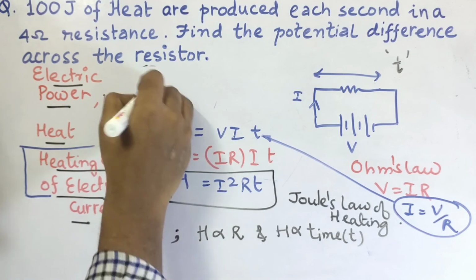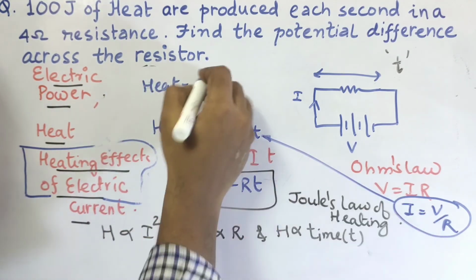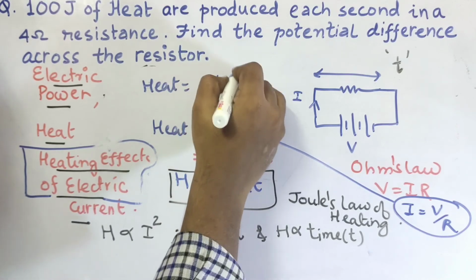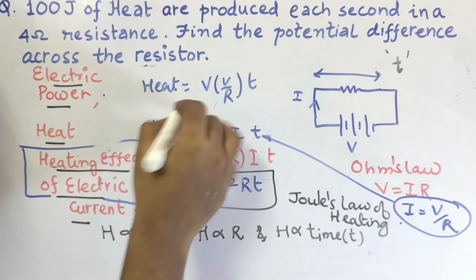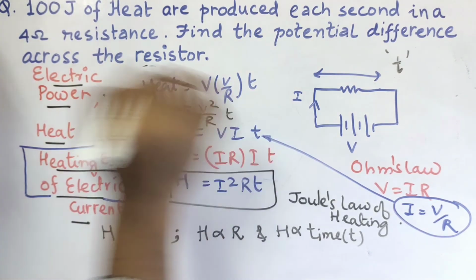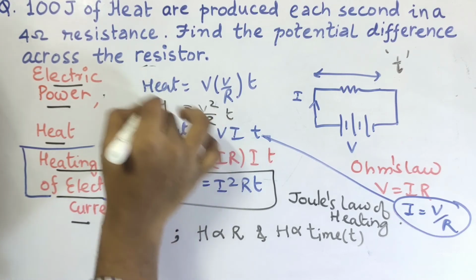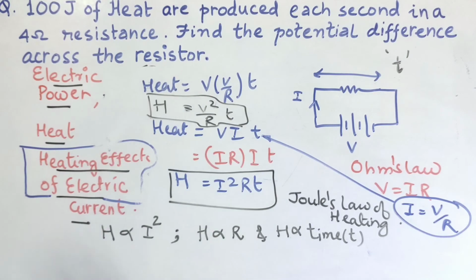So we'll get heat is equal to V, instead of I we'll put V by R, into T. So we get a new formula, that is V square by R into T. This is the formula of heat when the potential difference across the conductor is kept constant. So this was our discussion.